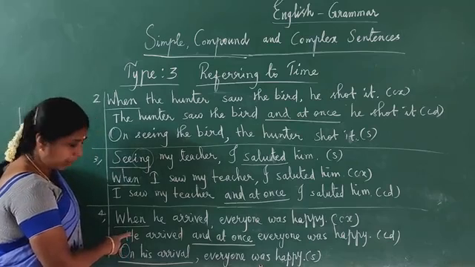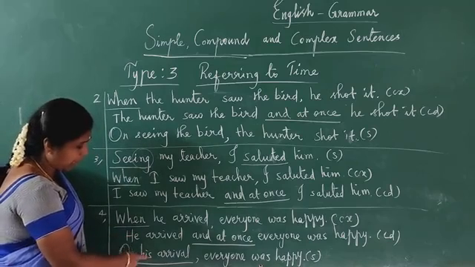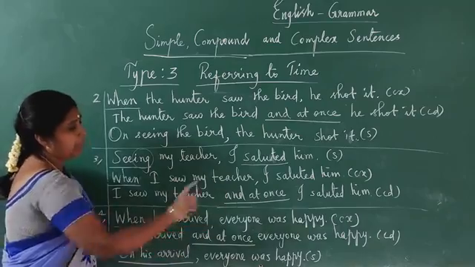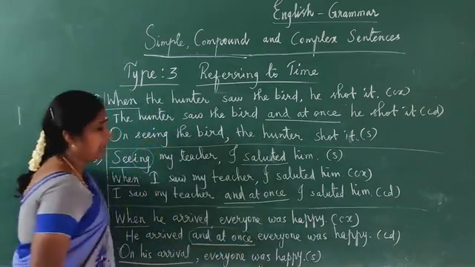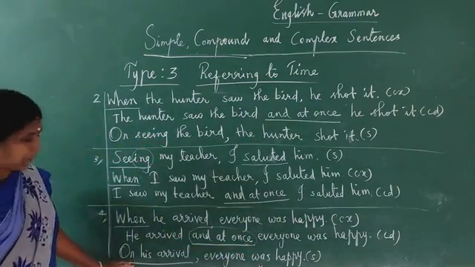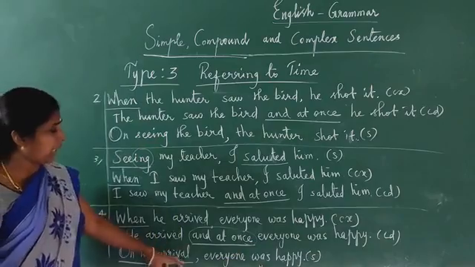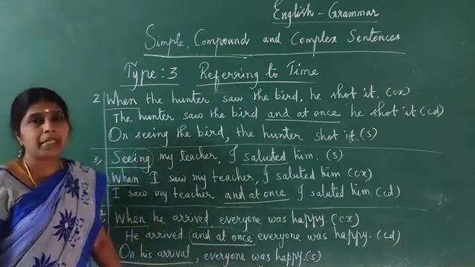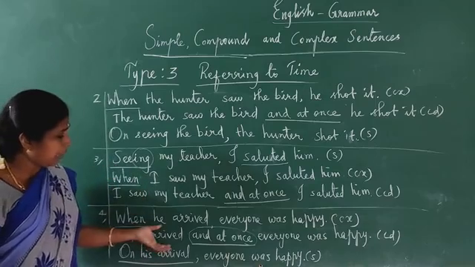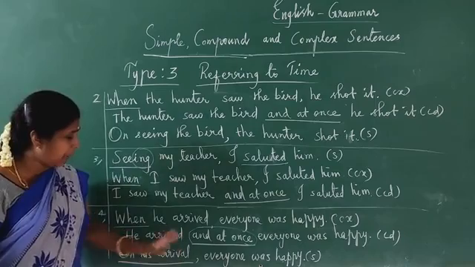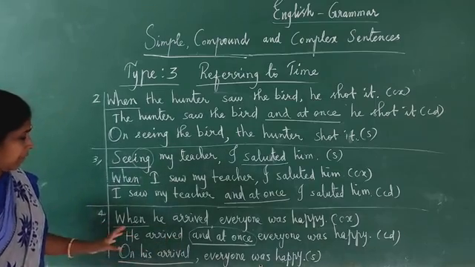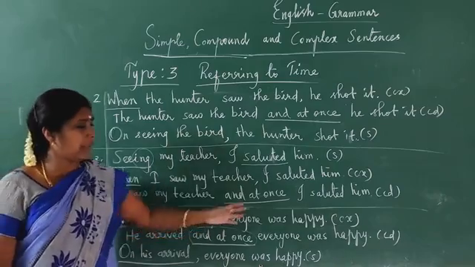So write down "on". Here "he": write down the possessive "his". On his arrival, everyone was happy. Here we have to remove this conjunction "and at once" as we are changing into a simple sentence. So, on his arrival, everyone was happy. This is simple. So if they give the word "arrive", the verb, you can use the noun form "arrival". You understand? Repeat once again. When he arrived, everyone was happy.